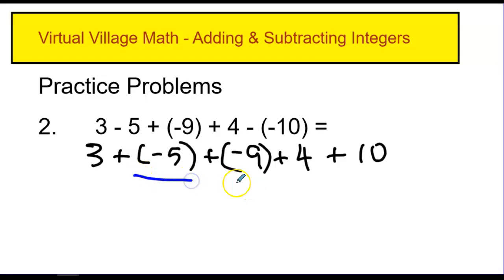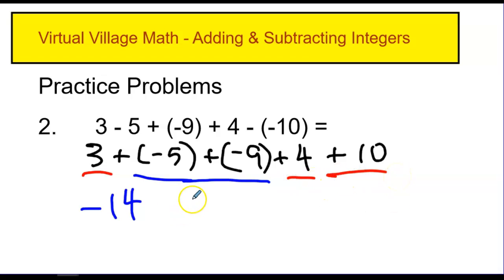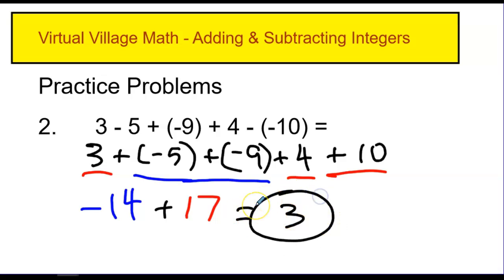Sometimes students like to add up all the negatives together. Negative 5 plus negative 9 is negative 14. Then add up all the positives. 3 plus 4 is 7. 7 plus 10 is 17. So negative 14 plus 17 gives me my answer of positive 3.